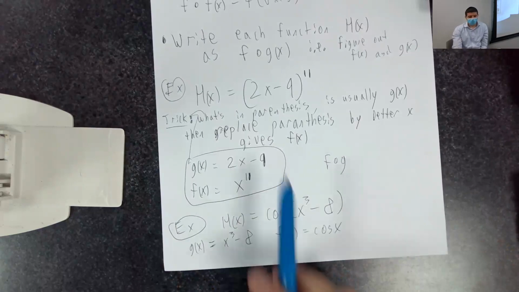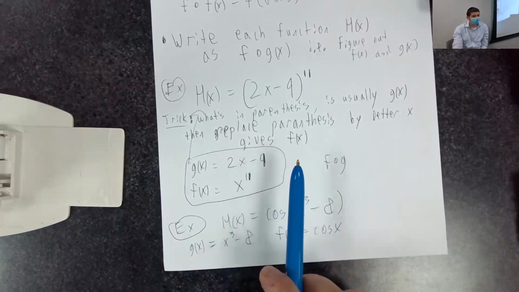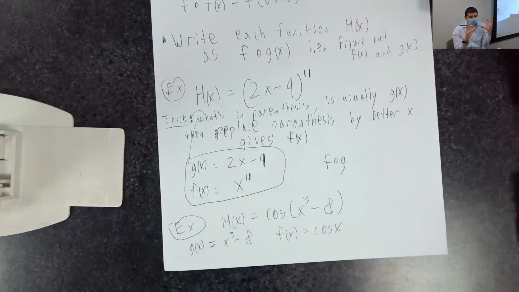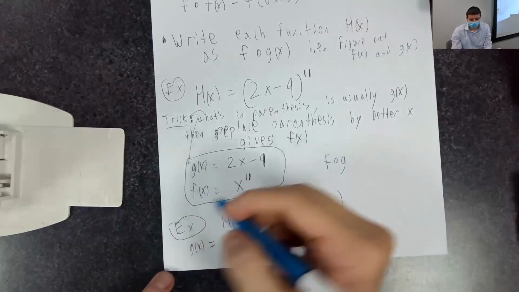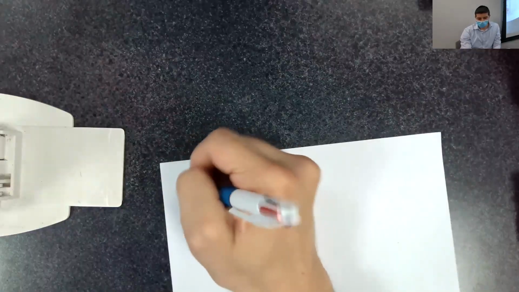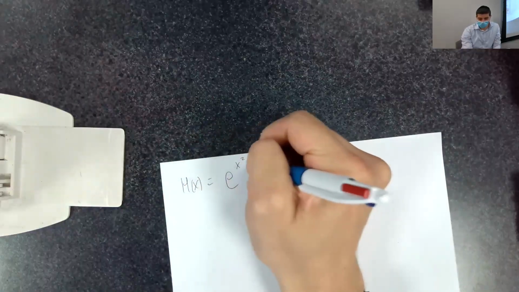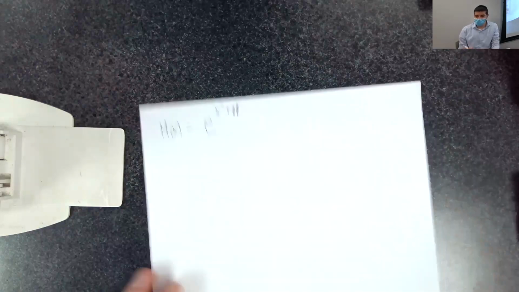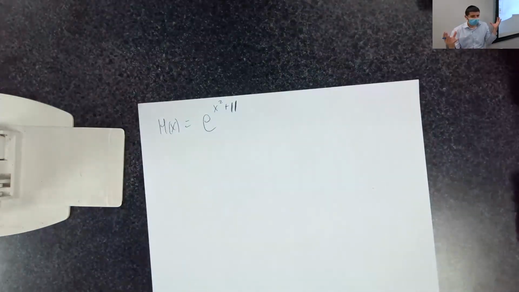Do you see how you do this little trick? To get the inside, what you see on the inside is usually the parentheses. Now, if the problem doesn't put parentheses, you have to imagine your own parentheses. Here's what I mean: h of x is equal to e to the x squared plus 11. If I had to put parentheses on an inside function, where would I put them?